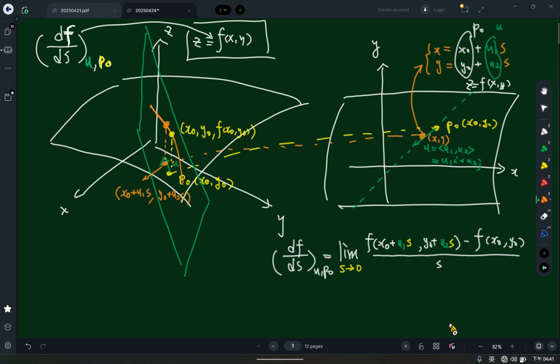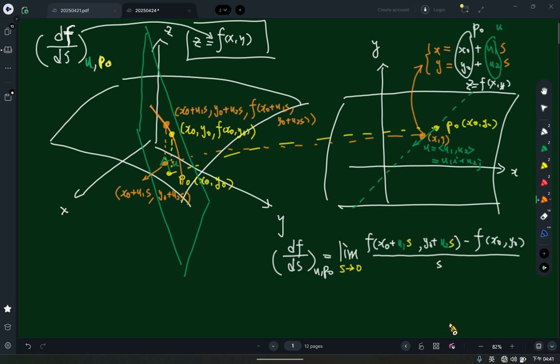This is a 3D point, and this point will be f of S0 plus U1S, comma, Y0 plus U2S. So you can see S0, Y0 will be mapped to this 3D point, and another point is mapped to another 3D point, right?